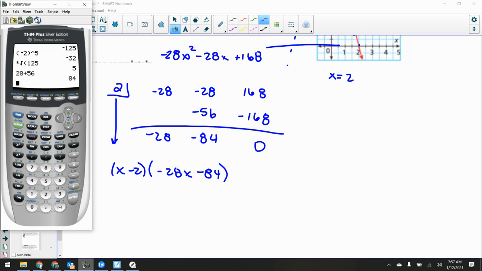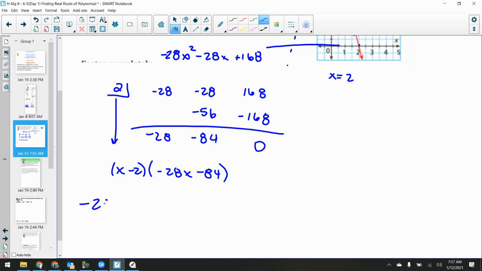Is it 7? 28 divided by 7 is 4, 84 divided by 7 is 12. Is it 14? 84 divided by 14? Yeah, it is. Is it all 28? Is 84 divisible by 28? Well, isn't that something? So we can actually take the whole 28 out. Negative 28, and then we've got an x minus 2.